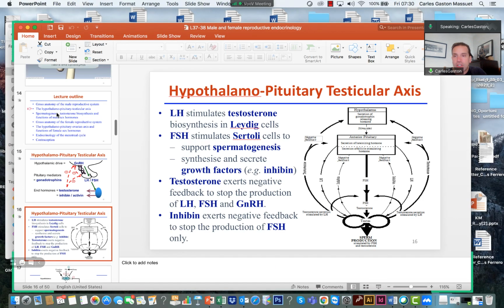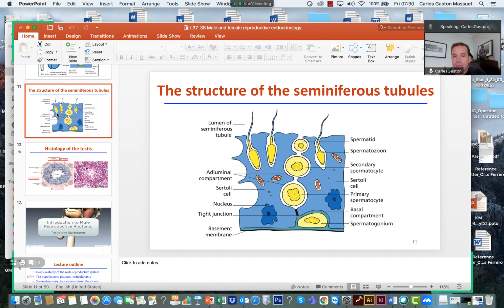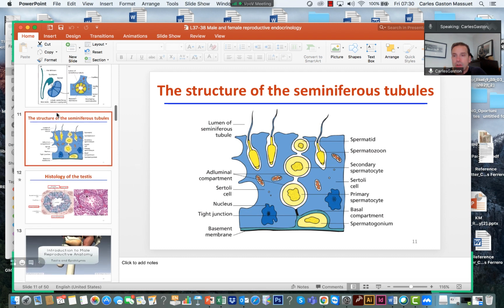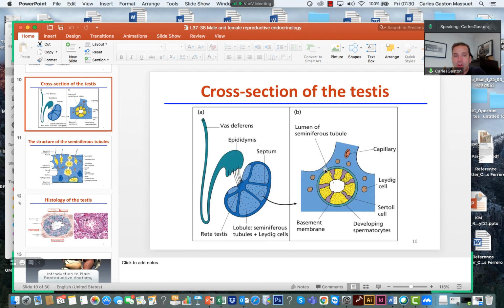Let me just show it to you again, okay? Not to get confused with the Sertoli cells. So these ones are the Leydig cells, okay? And the ones that are in contact with the sperm are the Sertoli cells.